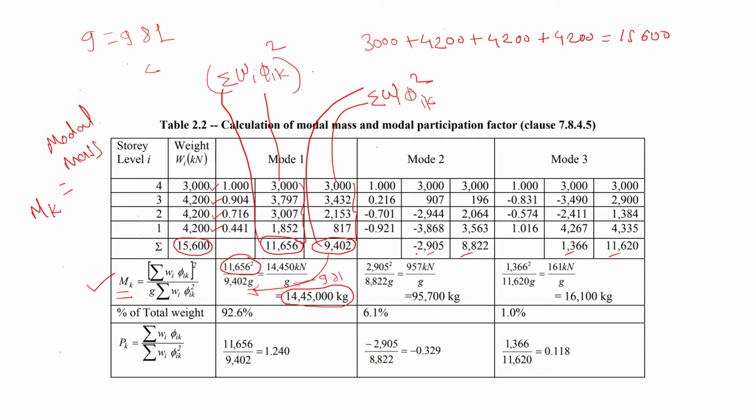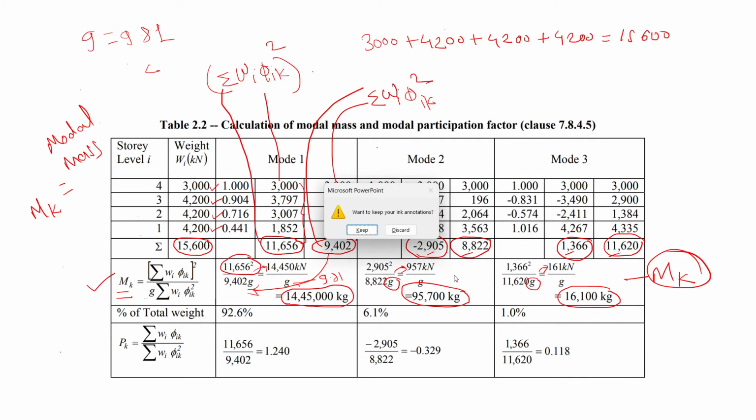Similarly, square of this value divided by this value multiplied by g, for the other modes as well. I have just done the simplification work here and solved this. This is your modal mass Mk. Now let me clear.